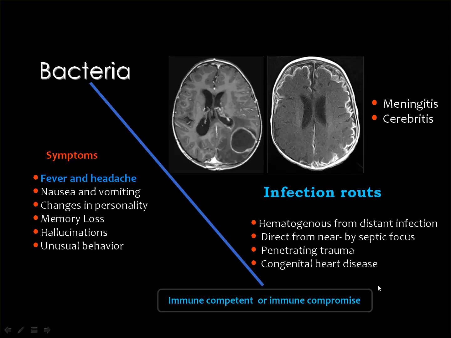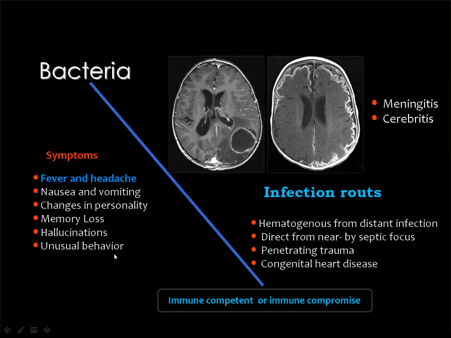Okay? Then the symptoms are the same. You should have fever, headache, nausea, vomiting, personality changes, and so on. The bacteria may reach the brain through the hematogenous route, through the direct route from nearby sepsis, from trauma, or embolic from congenital heart disease.